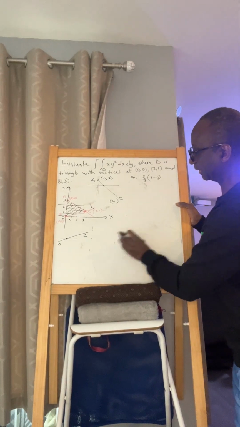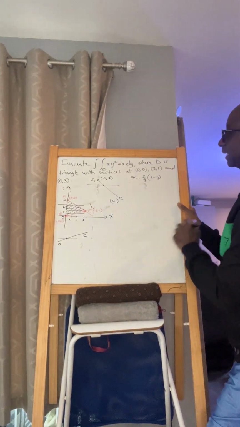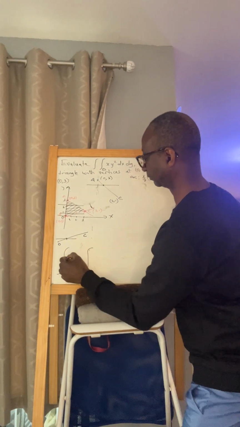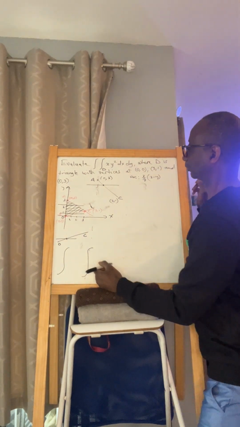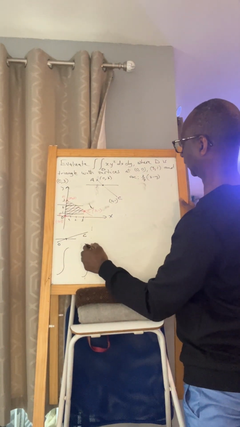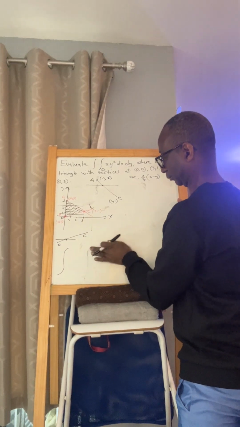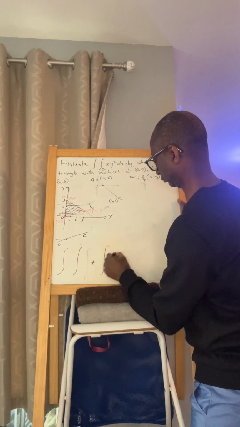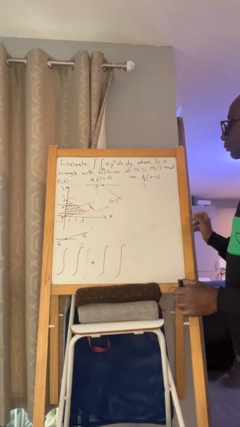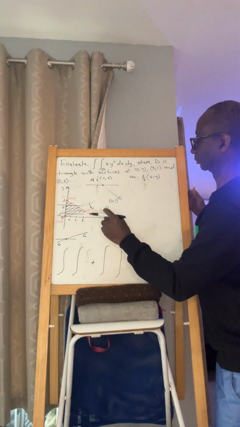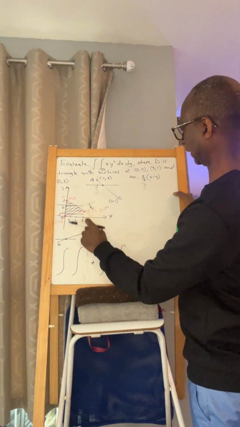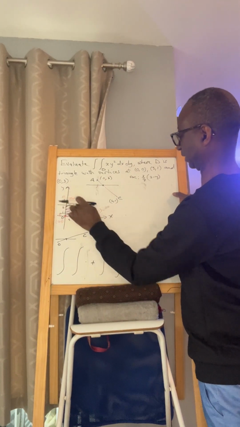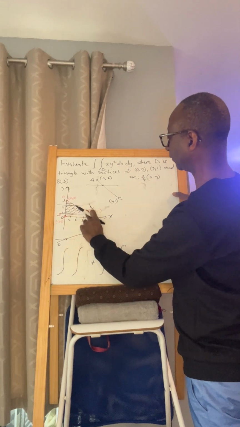And for this line AC, if we bring our integral here, let me write them here so that we don't miss out anything. The line AC is going to be, if we consider the line AC first, so you have your y for this one.